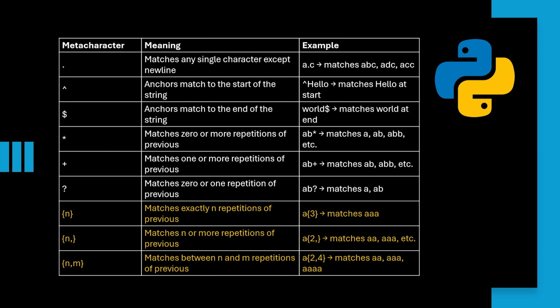So n or more times. For example, a{2,} matches aa, aaa, etc. If you see something like from n to m, a between 2 and 4 times, for example a{2,4} matches aa, aaa, and aaaa. It matches between n and m repetitions of the previous expression.